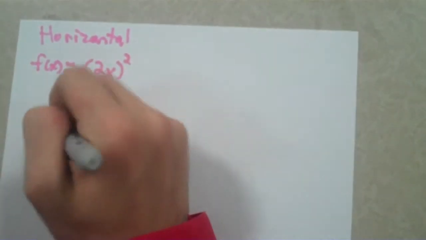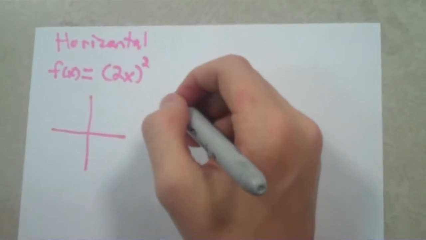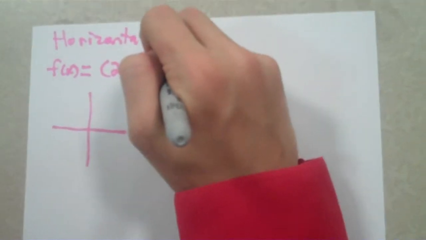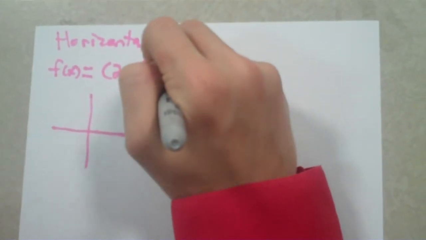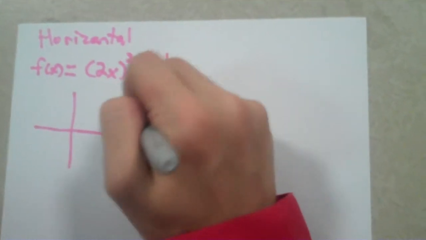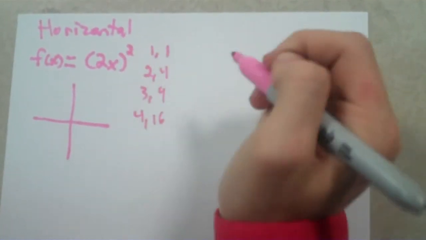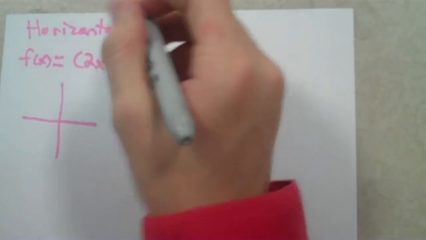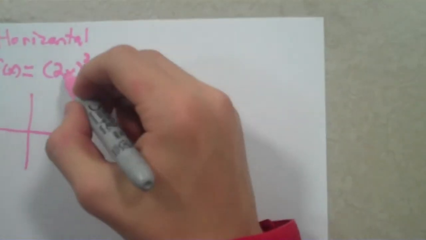And what happens is that the original points on an x squared graph are (1, 1), (2, 4), (3, 9), (4, 16), etc. Now our input is going to be multiplied by 2.